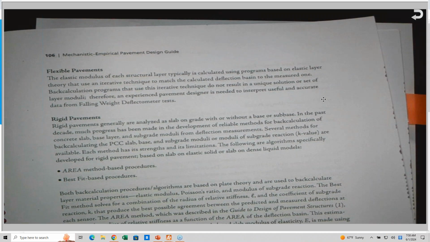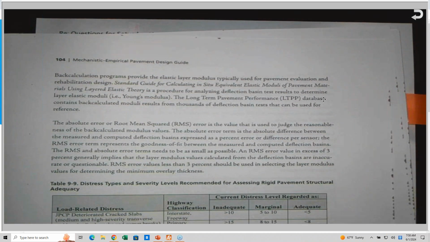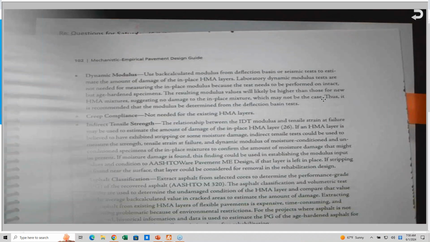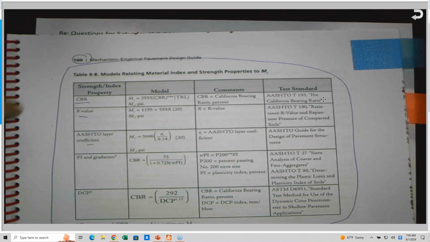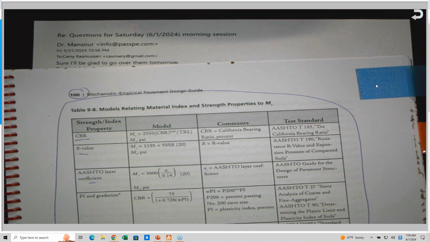Forgive me. So 106, and we are getting close, my friend. This is page 100, which I believe is this table. I have it in my book, if I'm not mistaken.